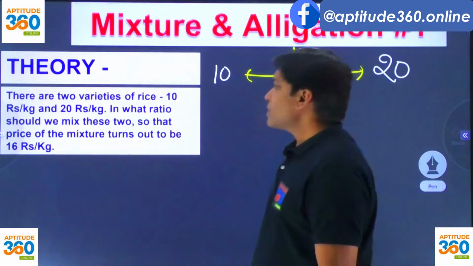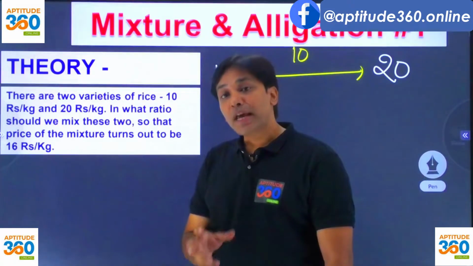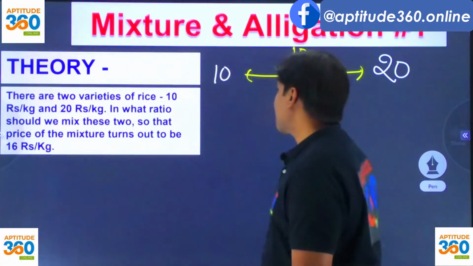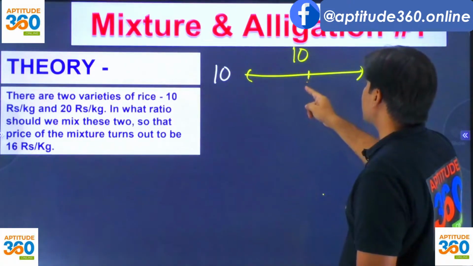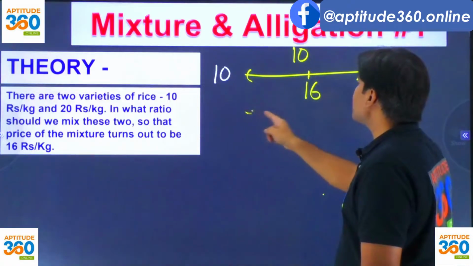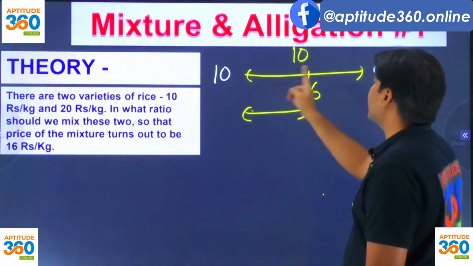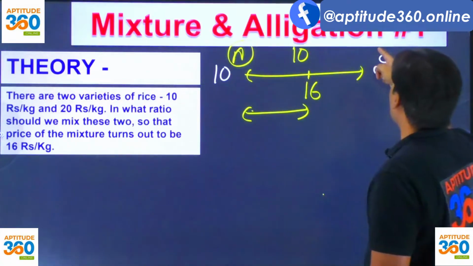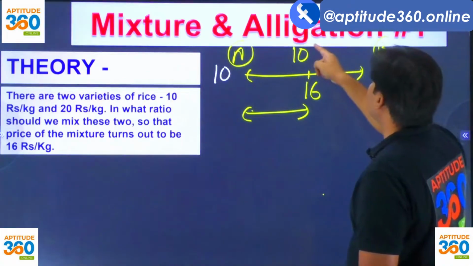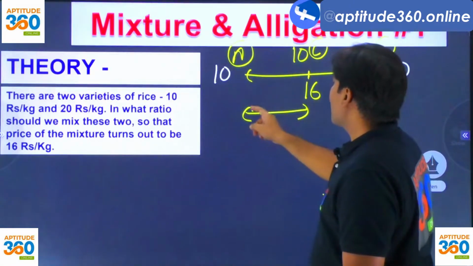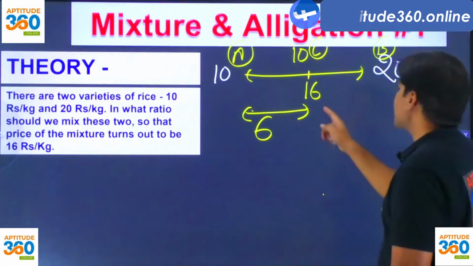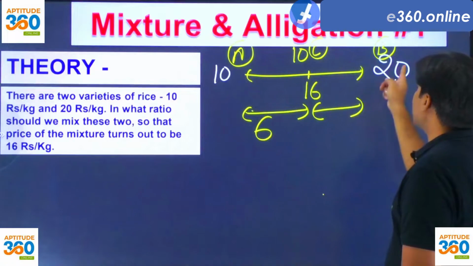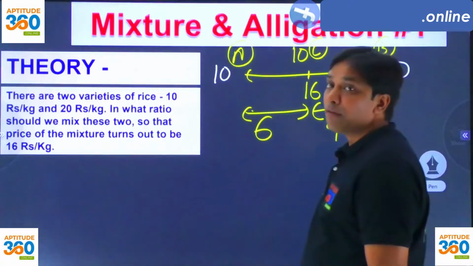What does this problem say? Now we are looking for the price of the mixture as 16 rupees per kilogram. So this will have to be 16. Now what is the distance between 10 and 16? So I would say that this is variety A and this is variety B, and let it be variety C. So this distance comes out as 6, and this distance, 16 and 20, comes out as 4.